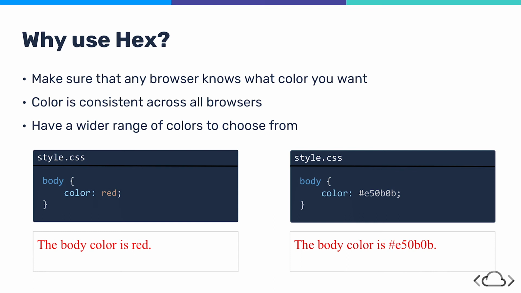Looking at the example below, we can see that in our code, we wrote that the body color is red, which will display the generic red color. What happens if we wanted a darker shade of red? Well, as you can see using the code in the right example, we used a color picker and chose a darker shade of red. We copied that hexadecimal value into our CSS file, and it gave us a very specific darker shade of red.